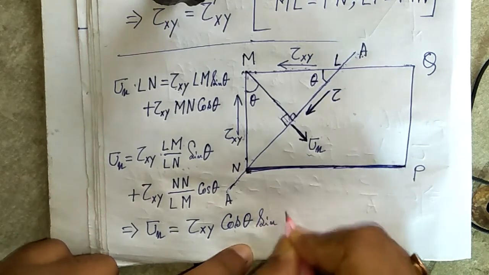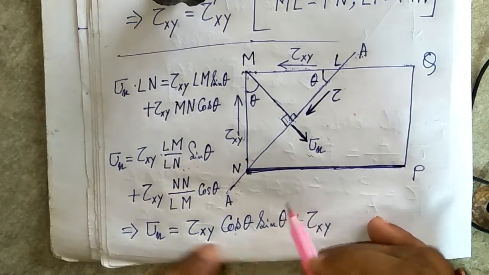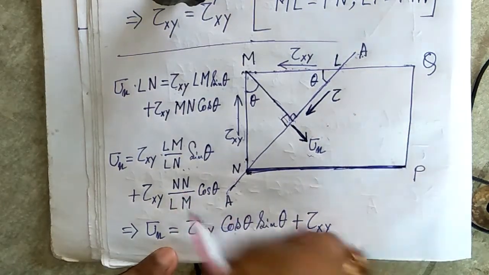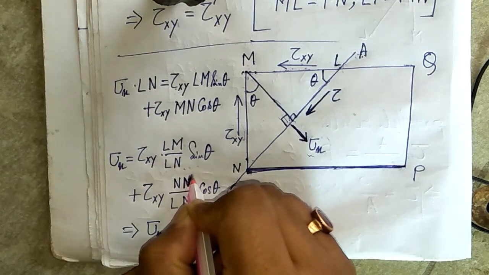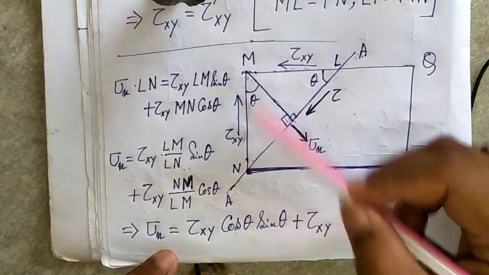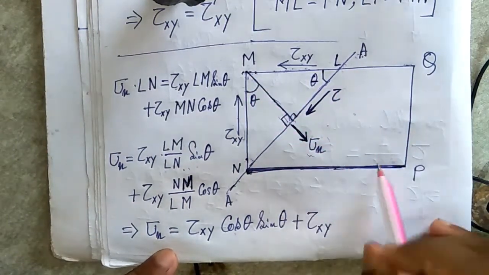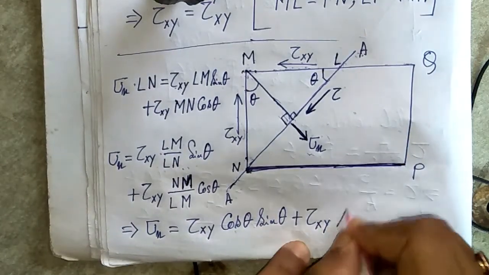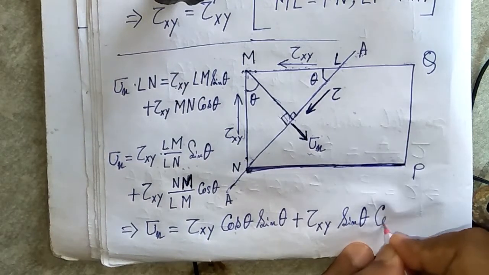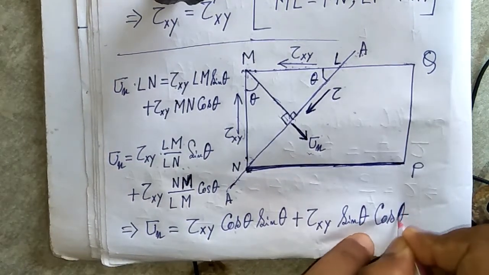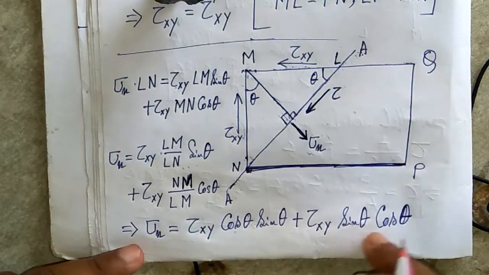So tau xy cos theta sin theta plus tau xy, where mn by ln is sin theta, into cos theta. So tau xy cos theta sin theta plus tau xy sin theta cos theta.